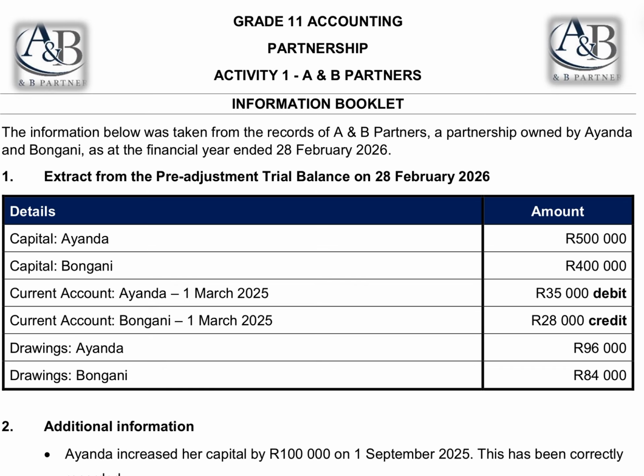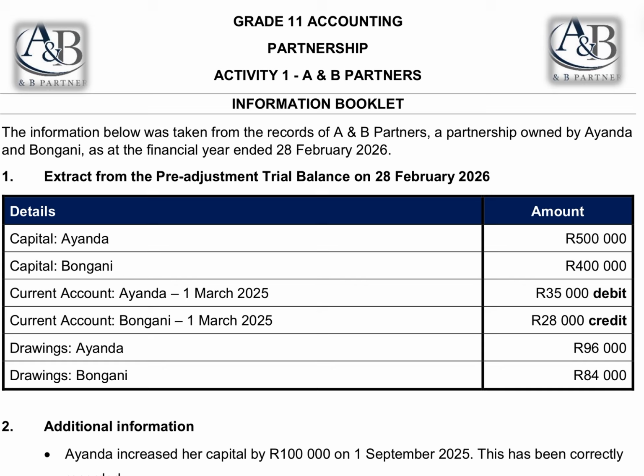In today's lesson we are going to start with part 1 of our grade 11 accounting partnership activity. We are looking at A and B partners, a partnership owned by Ayanda and Bongani.